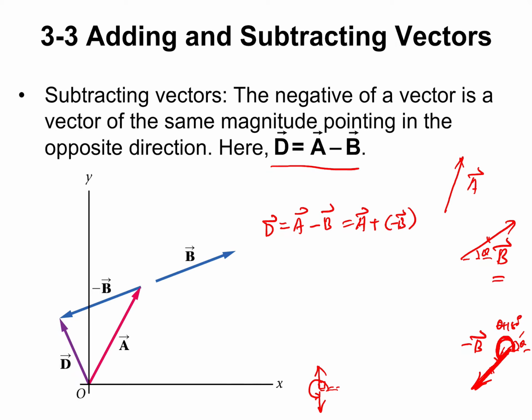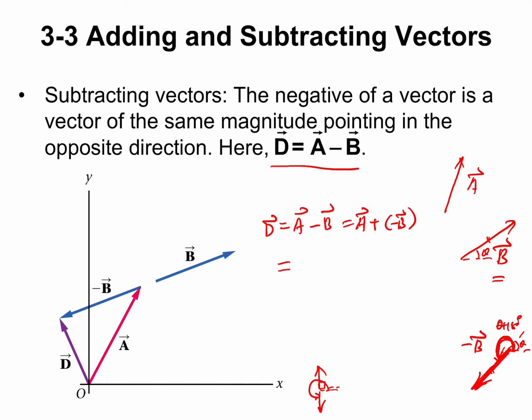So if north is 90 degrees, 270 is south. Okay, so that's the opposite. So this is a negative vector, right? So subtracting is basically a special case of addition, right? So this equals A plus negative B, right?